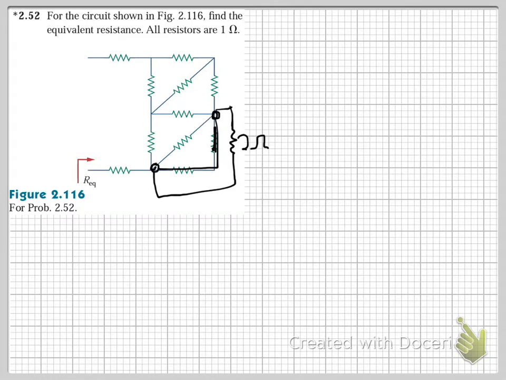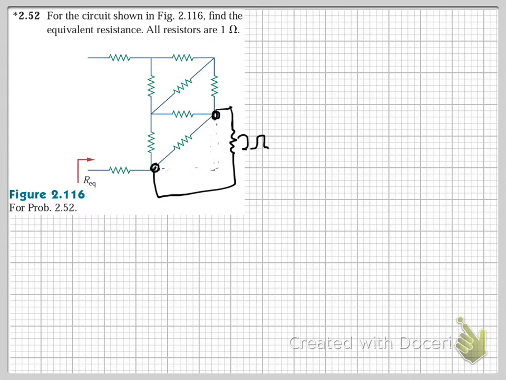Let me white it out, which will make it easier instead of redrawing it all the time, because this is going to be a long example. So now that is a 2 ohm resistor, right?